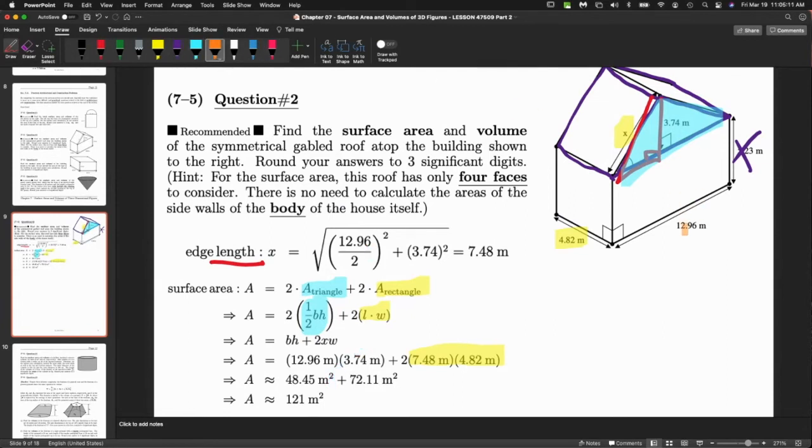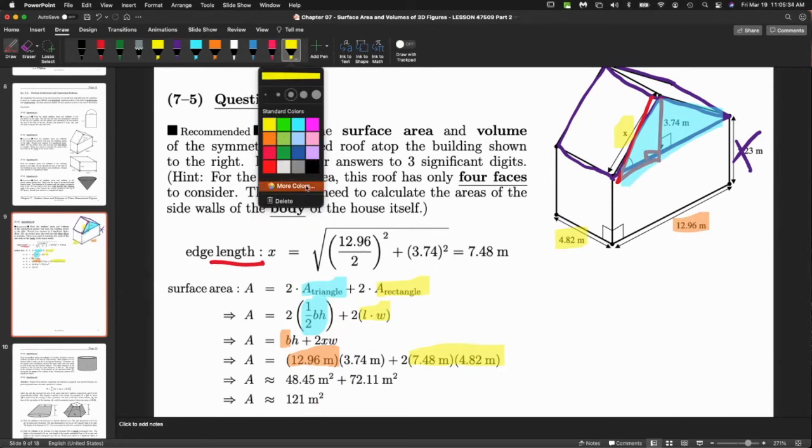And then the base of the triangle, yeah, that's why it's times 2. You see the 2 here? That's for the back side. This 2 here is for the back one, to double it. So we have the base, which is 12.96. And then we have the height, which I ran out of highlighters. Maybe we can drop another highlighter in there. I don't think we used green.